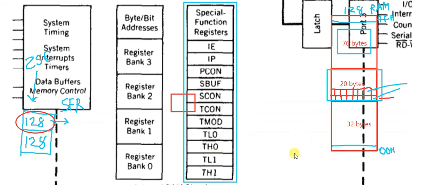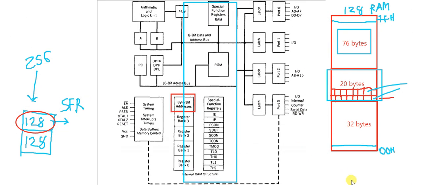Okay, so I think you are now clear about the RAM. So let us recap: a total of 128 bytes of RAM is available in the 8051 microcontroller, but the hidden part we cannot access is another 128 bytes of memory.